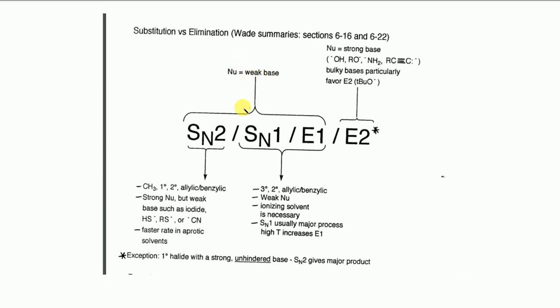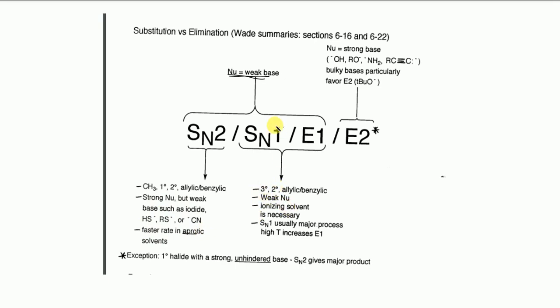A nucleophile is a weak base, right? A nucleophile doesn't abstract protons, it attacks something. So for SN2 it has to be either a methyl, primary, or secondary. It has to be a strong nucleophile but weak base, such as iodide, SH, RS, or CN, with a faster rate in aprotic solvents. So that's everything that we've said.